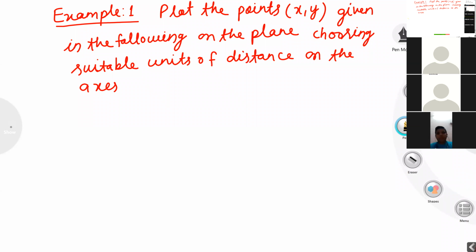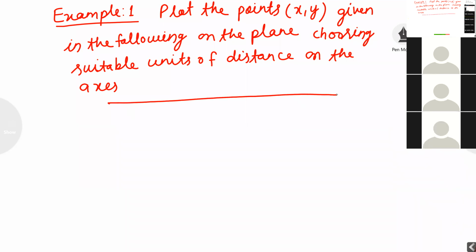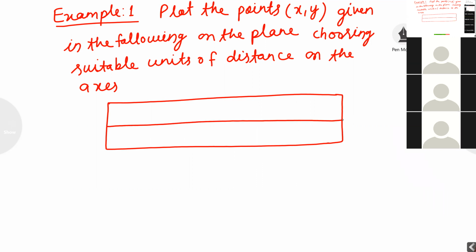Draw this table, everyone. x is -2, y is 8; -1, 7; 1, 3; 3, -1; 2, 0.